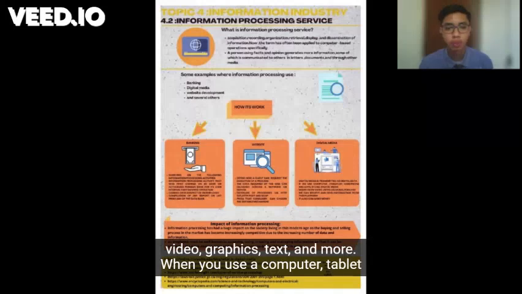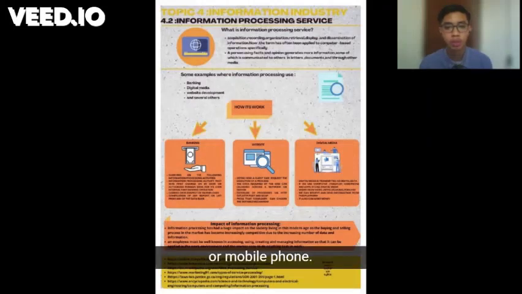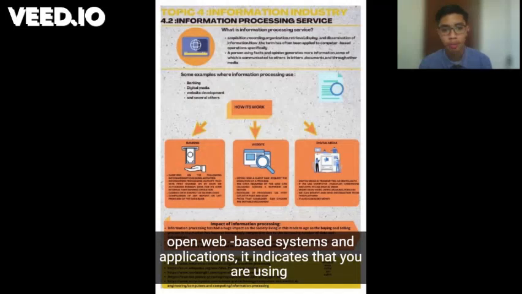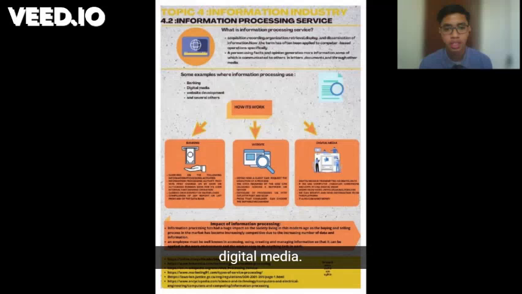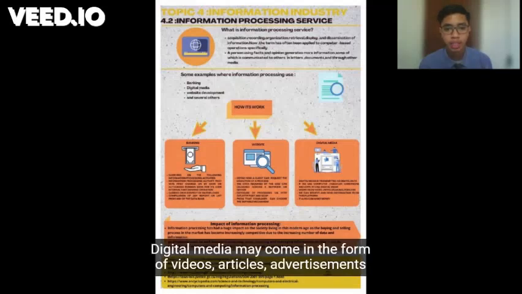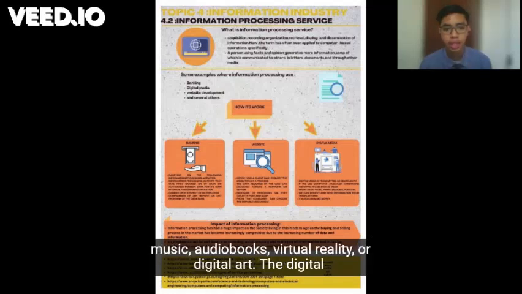When you use a computer, tablet, or mobile phone, or open web-based systems and applications, it indicates that you are using digital media. Digital media may come in the form of video, articles, advertisements, music, audiobooks, virtual reality, and digital art.